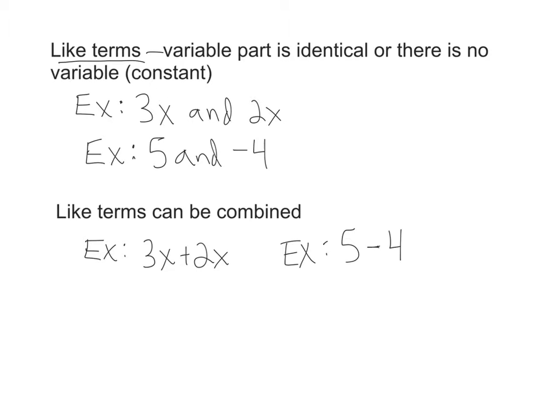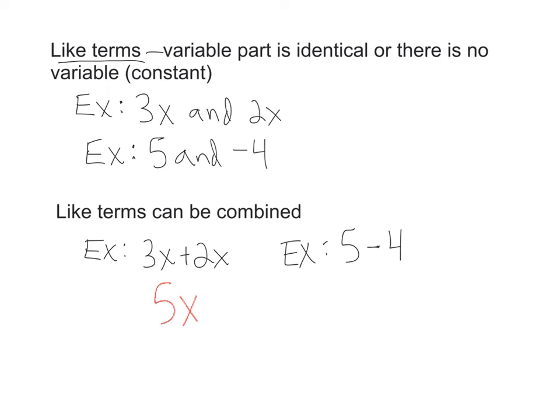The reason why I care about like terms is that in order to combine something, they have to be like terms. I can't combine unlike terms. I can only combine like terms. So for example, if I have 3x plus 2x, just like 3 plus 2 is 5, 3x plus 2x would be 5x.